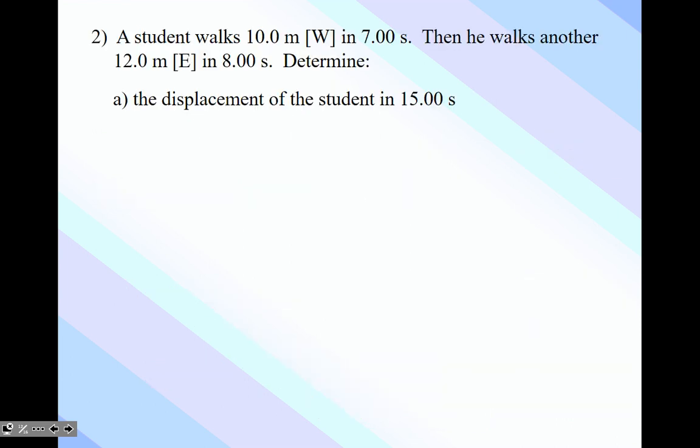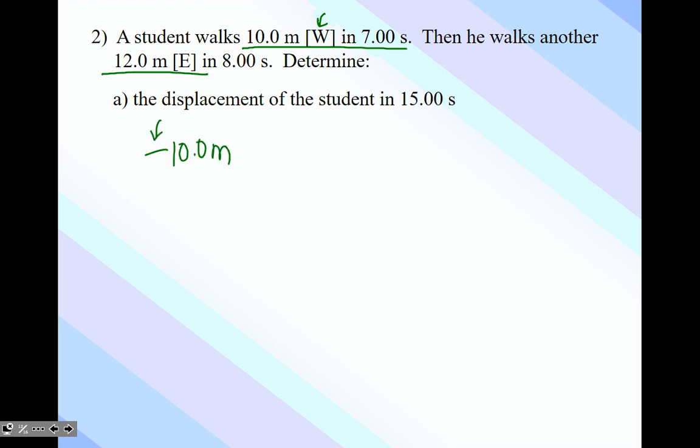Let's look at another example. Let's change it up a bit. The student walks 10 meters west in 7 seconds. Then he walks another 12 meters east in 8 seconds. Determine the displacement of the student in 15 seconds. This time, west is a negative direction, so we use negative 10.0 meters.